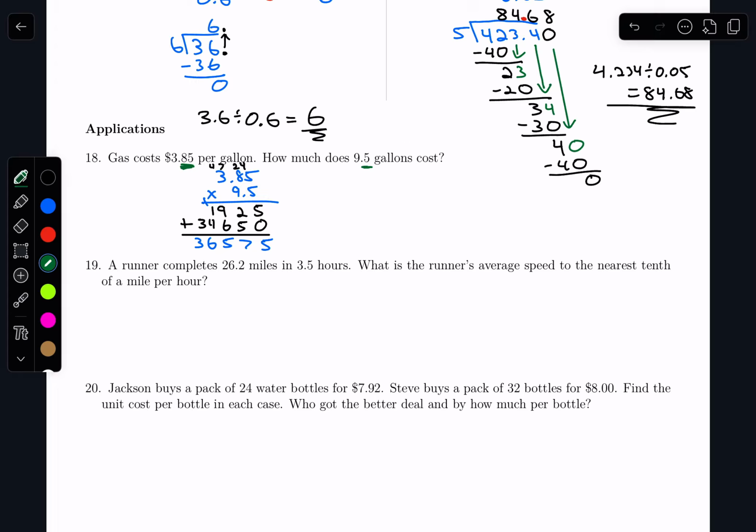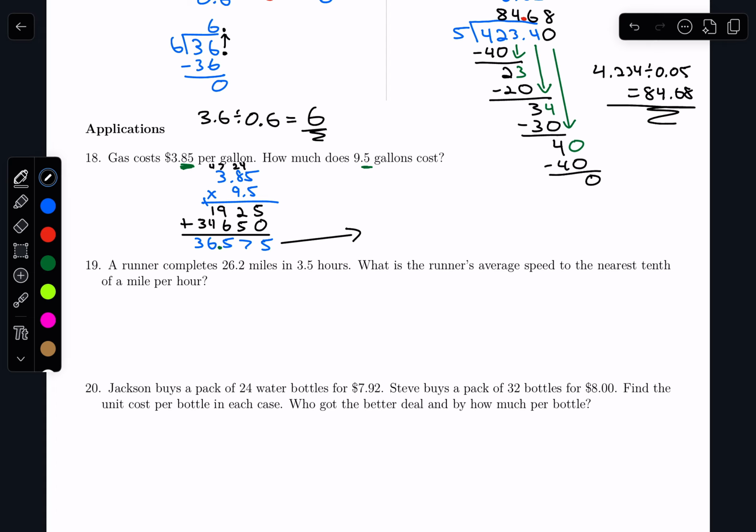But we have context now, okay? This is gas price. Is there any such thing as half a penny? At least as far as I know, we do not have a coin for that. And so this answer is not good enough. In real life, we're going to have to convert this to not be 36.575, but we're going to have to round to the nearest hundredth because that is how our money system works.